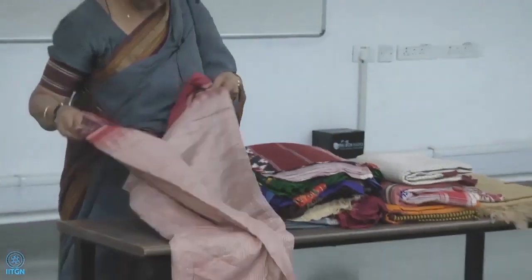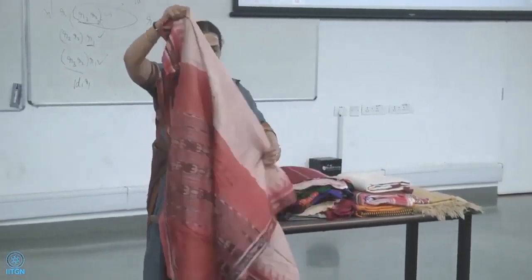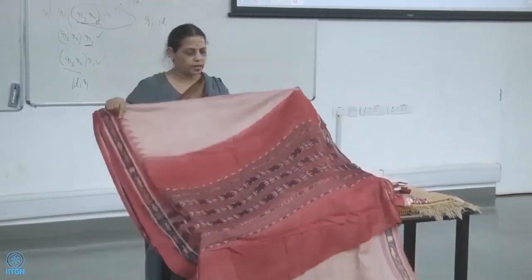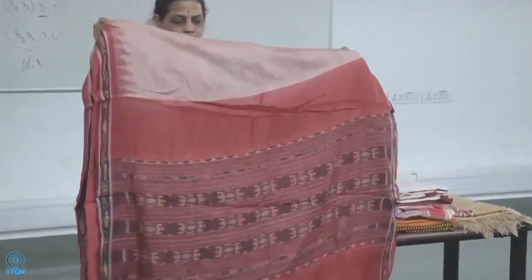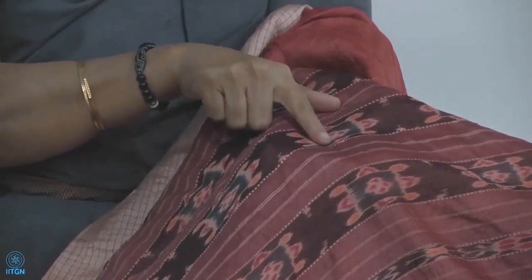I'll show you. This is the Sambalpuri ikat now. This too is a single ikat. This is a weft ikat. This particular piece is a chalk. It is considered to be holy.